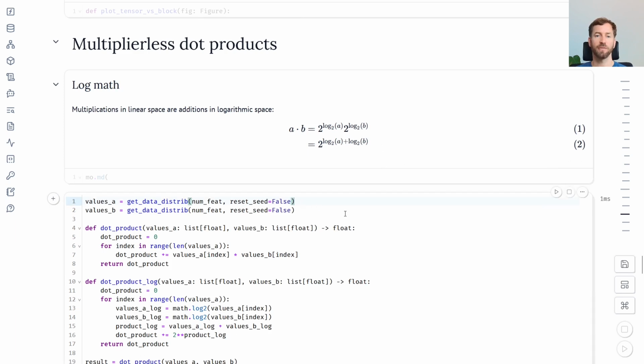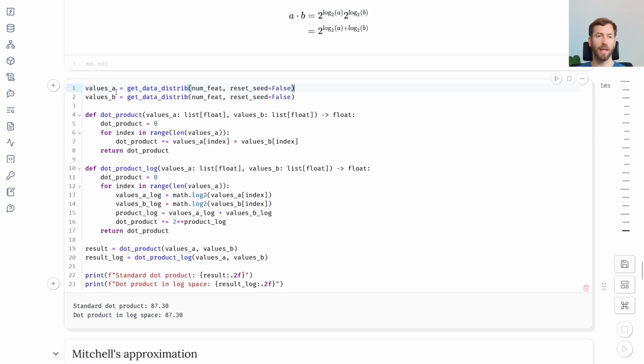So now let's give some examples. Again, we have two vectors a and b of length 128. First, we want to compute the dot product in linear space. We initialize it to be 0. Then we iterate over the pairs of elements in a and b, multiply them and accumulate them on the dot product.